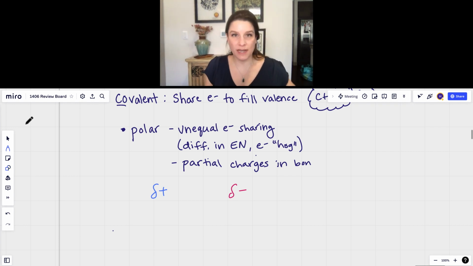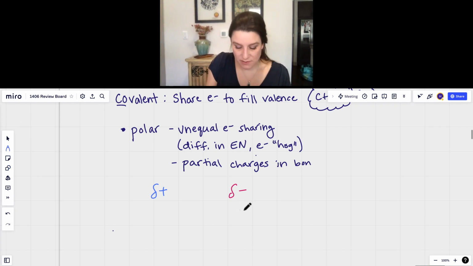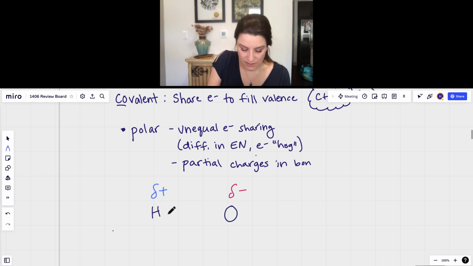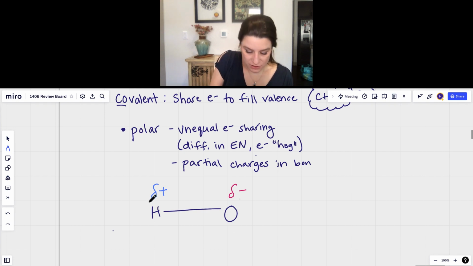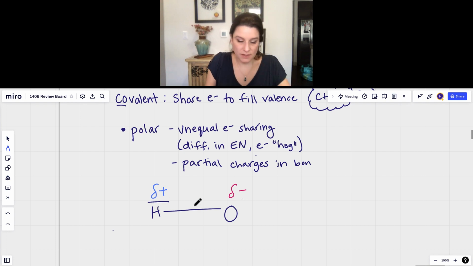Well, you know electrons are negatively charged, so that means the partial negative is going to have more of the electrons. So who is highly electronegative and who's an electron hog? Oxygen, when it's bound with hydrogen. So the oxygen is going to be the partially negative, the hydrogen's the partially positive. So that's a really important bond, this OH bond.